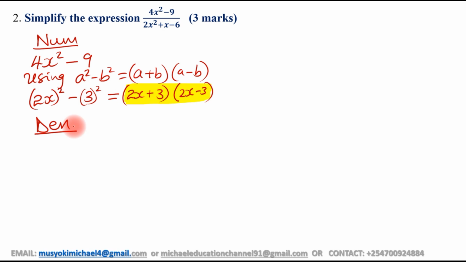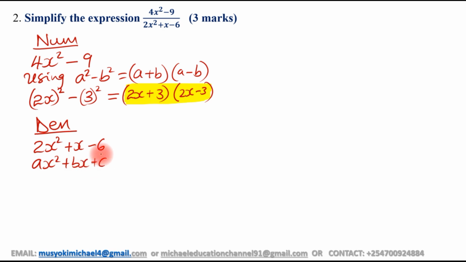Then we have the denominator part. Again it's a quadratic expression, 2x squared plus x minus 6, so we can use the factorization method. This is of the form ax squared plus bx plus c.